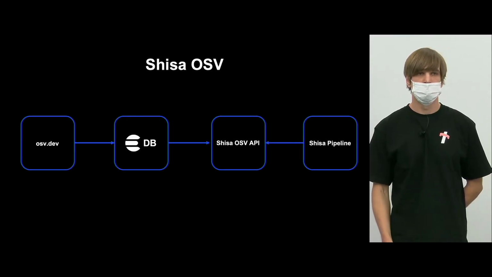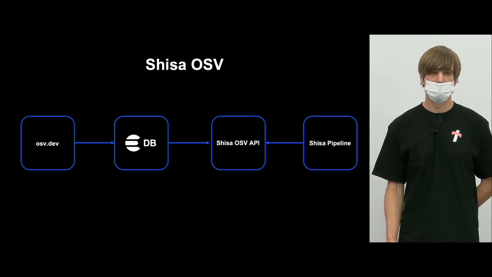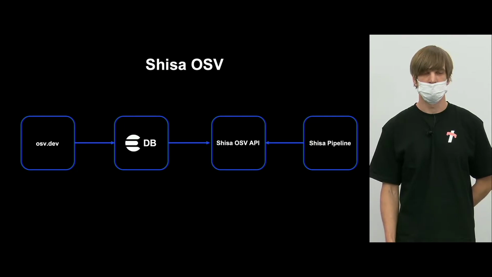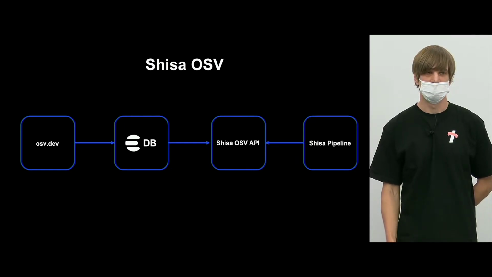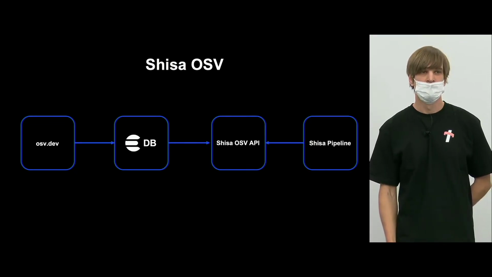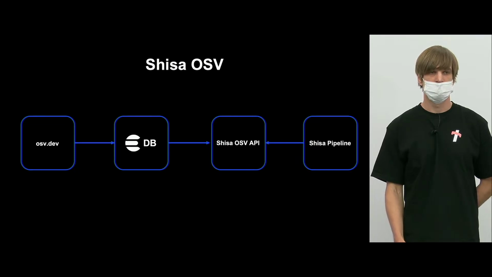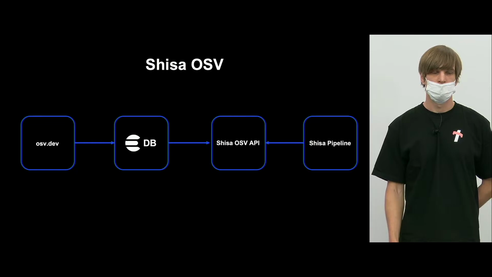So how do we use this database at Shisa? Well, if we were to make requests directly to the OSV database, we would require over 150,000 requests each day. And that would probably just block us because of rate limitations. So instead, we download this database to a local Elasticsearch cluster, and from there we retrieve the data.